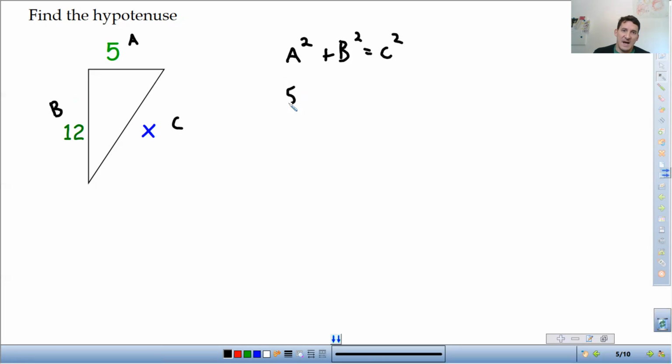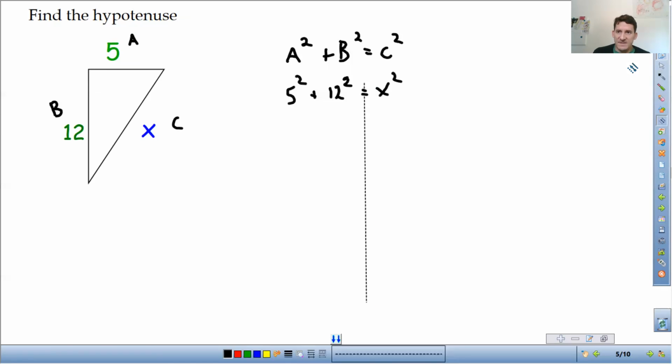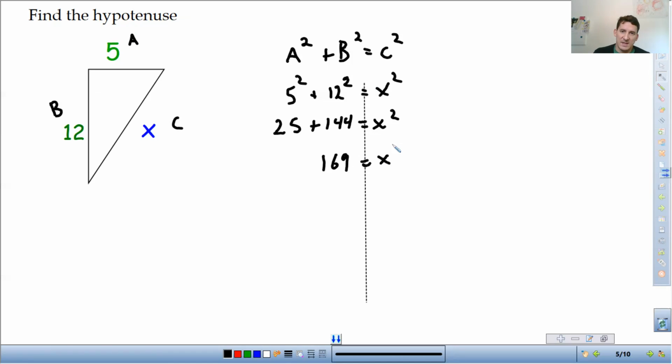So A is 5, B is 12, square those, and C is X. And then just solve that equation. 5 squared is 25, 12 squared is 144, x squared is x squared. 25 plus 144 is 169, equal to x squared. And then the final step: square root both sides, solve for x. Square root of 169 is 13.